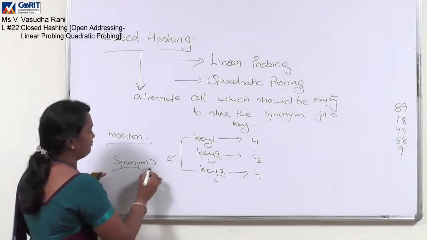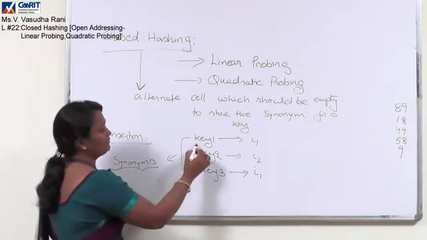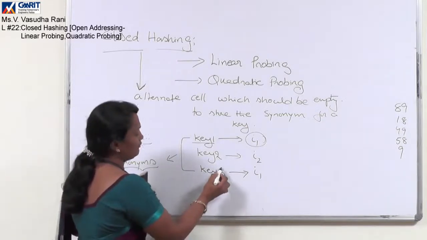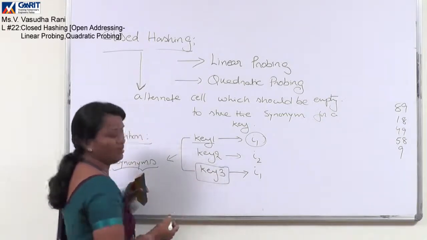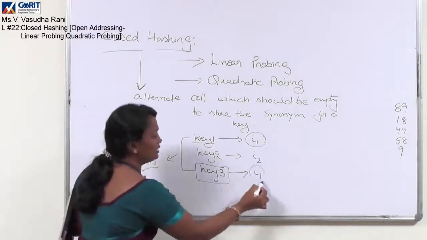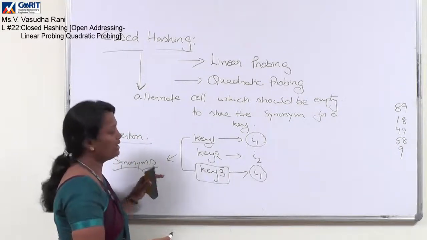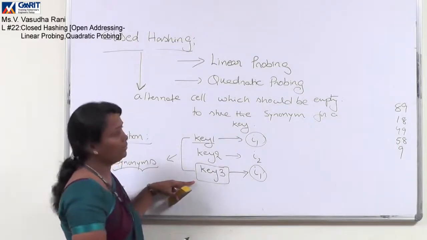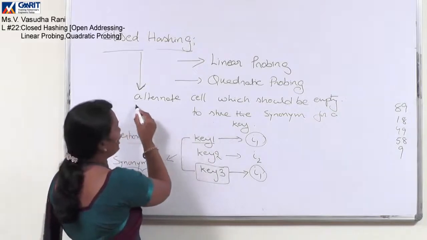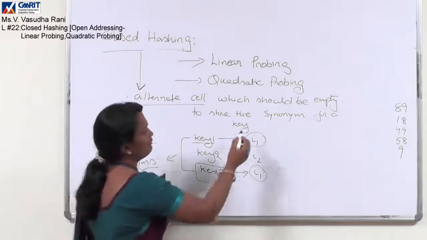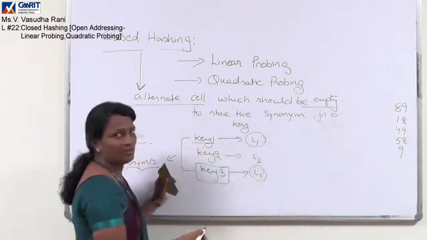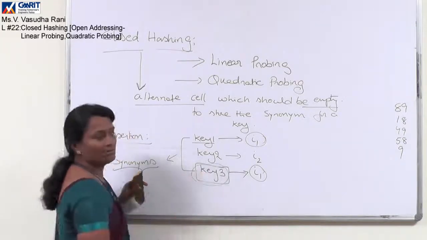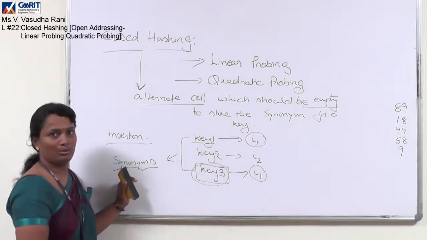So where to place this synonym? First, key 1 is obviously placed in I1, but when it comes to inserting K3, I1 is already filled. So using these two techniques, linear probing and quadratic probing, we will try to find an alternate location which is empty, and we will keep K3 in that location.